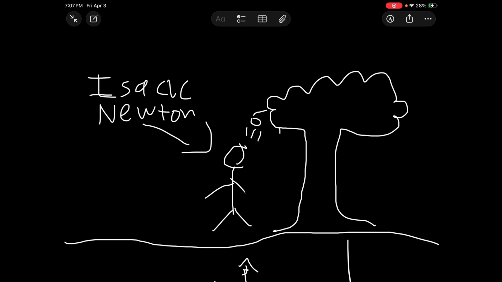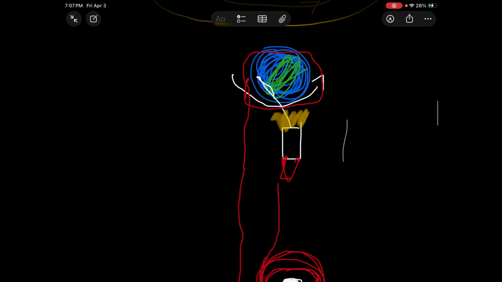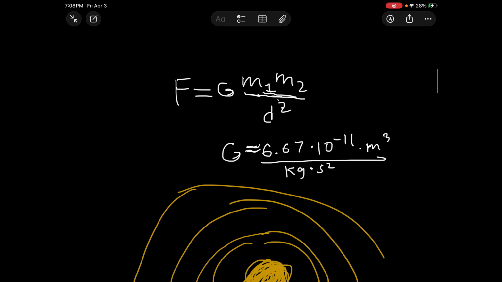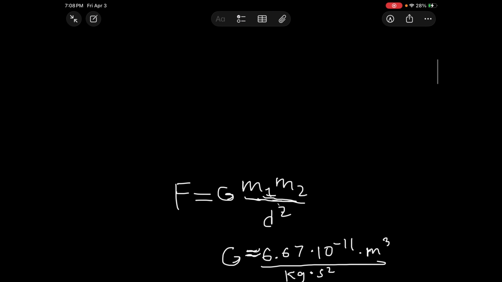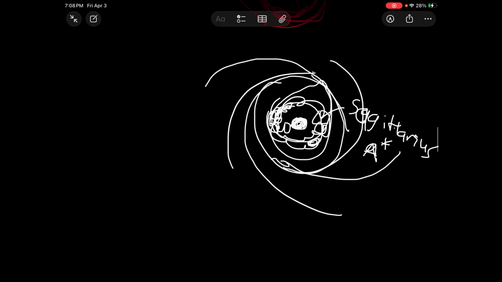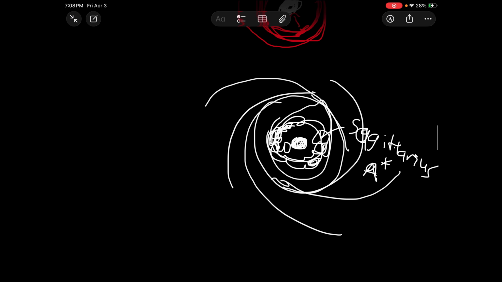And for a recap, in the last video, what we learned about was basically what gravity is, which of course is a force. And it's governed by this equation, that its strength is determined by this equation, and that it can be applied to understand why galaxies exist in the way they do.